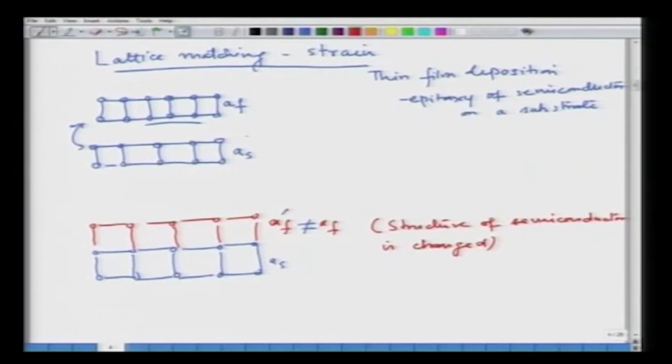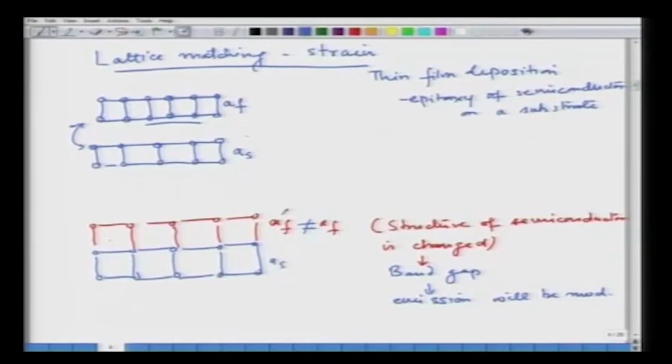If I change the structure, it is obvious that the band gap will change, and hence the emission will be modified. So, one way of changing the band structure or the band gap of the semiconductor is also to strain the material, and in the way that we process our semiconductor, it can develop into structures which are not its equilibrium structure, which are slightly strained.